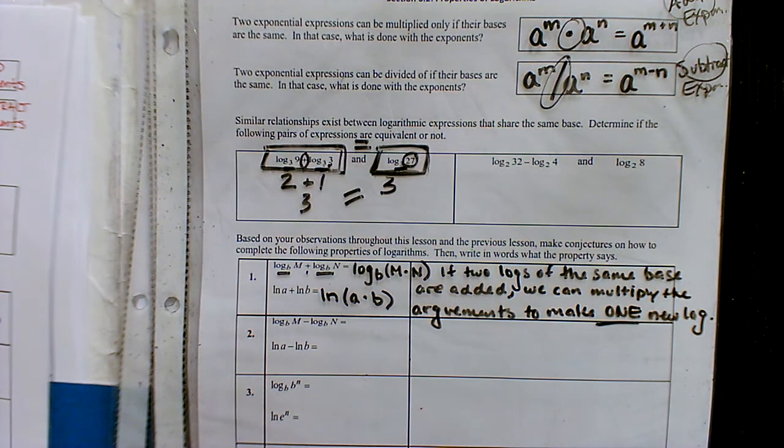I underlined the word one because you're going from 2 logs down to 1.